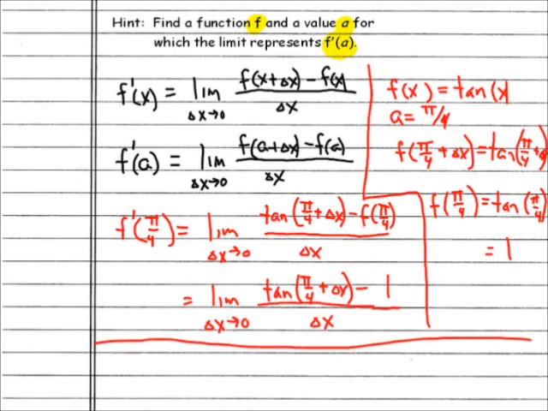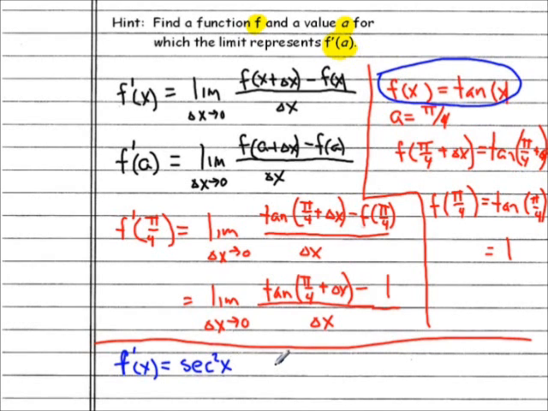But to calculate f prime of pi over 4, we need to know what f prime of x is. Well, f prime of x is what? Let's see. Oh, okay. f of x here is the tangent of x. And so the derivative of the tangent of x is secant squared x.